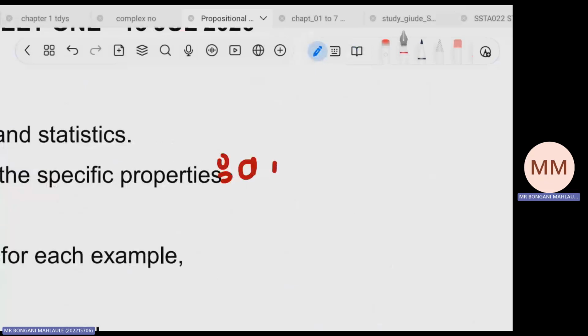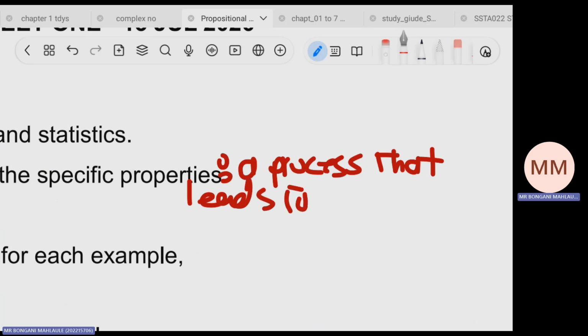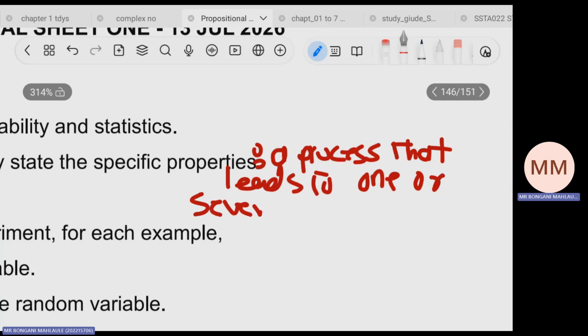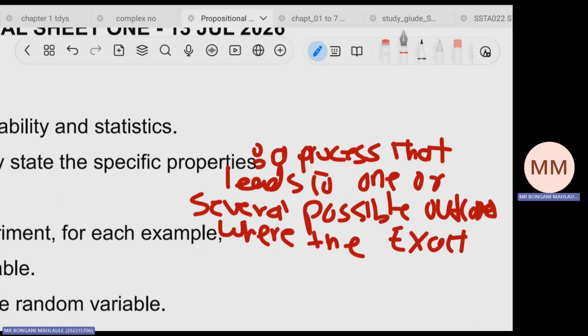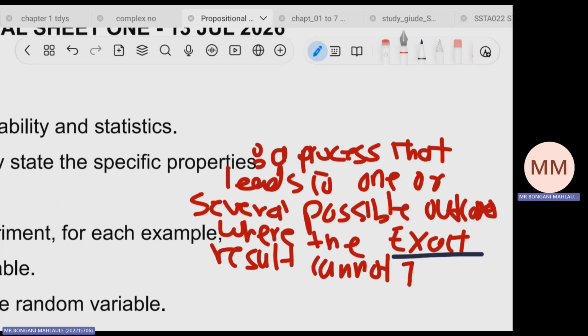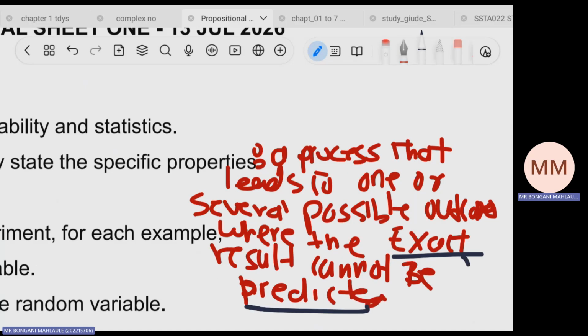This is a process that leads to 1 or several simple possible outcomes, where the exact result cannot be predicted. So this is how you would explain it.